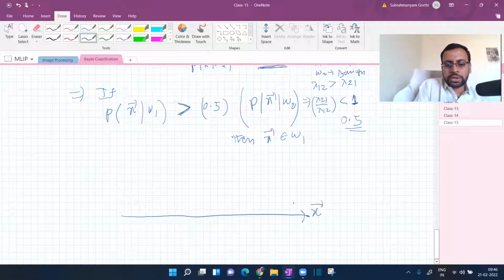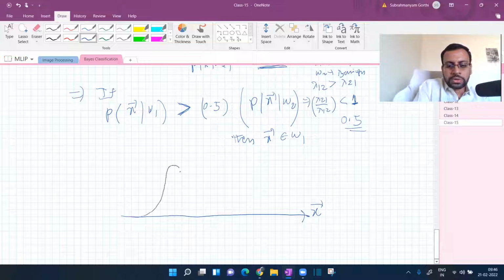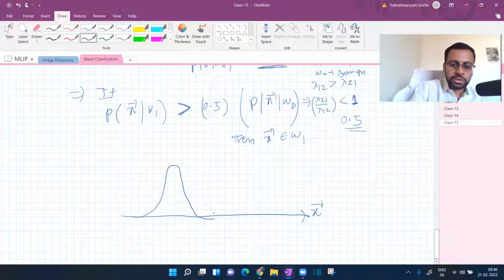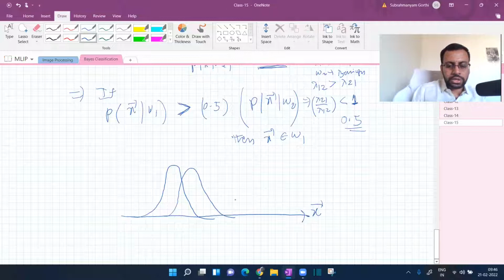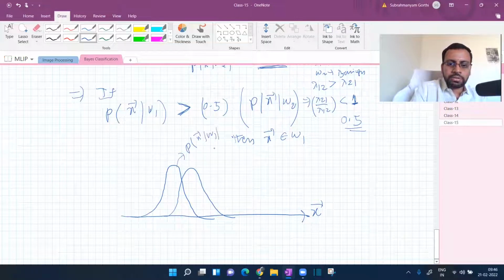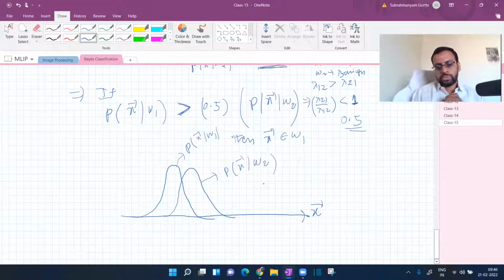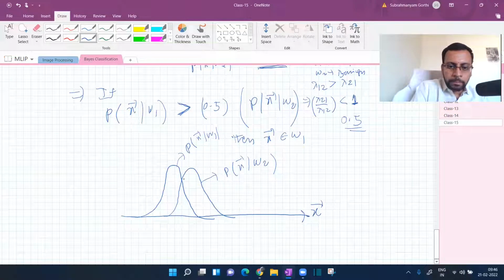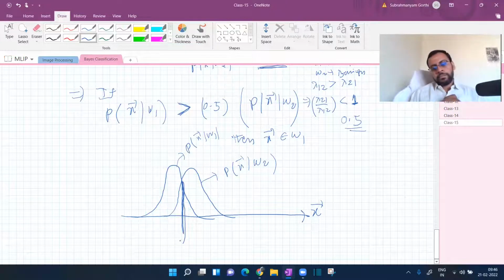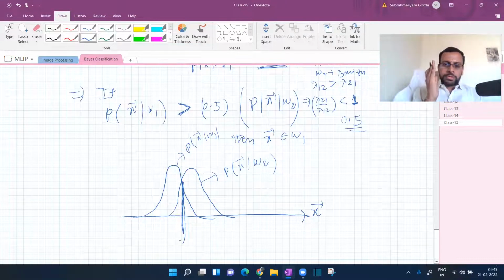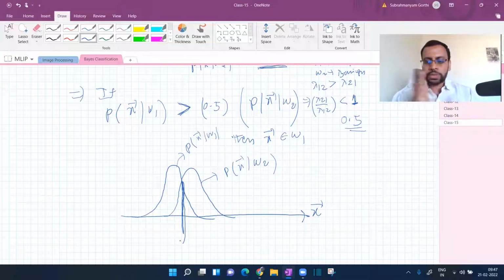Let's draw a plot here. This is my x bar, one distribution for me, another distribution for me. This is probability of x bar given omega 1. This is probability of x bar given omega 2. When both are equal, this is my separation plane for both the regions.